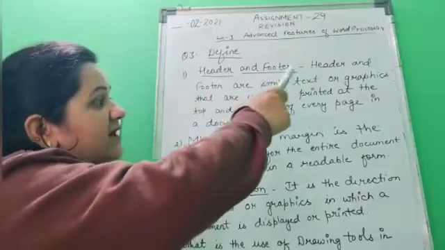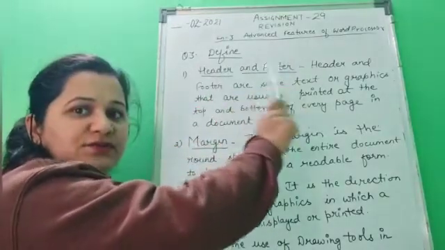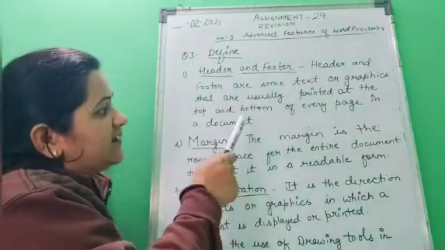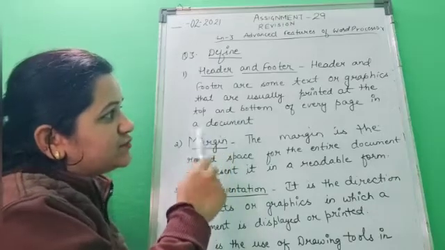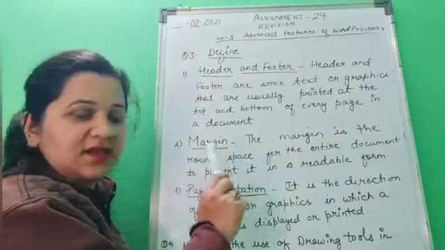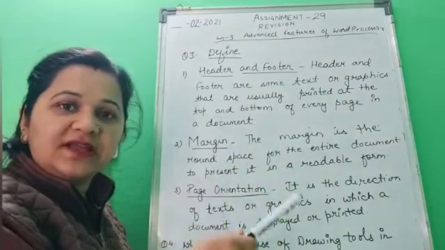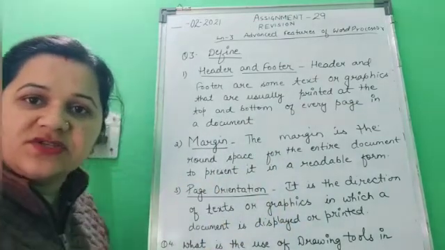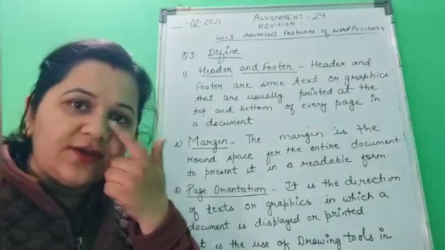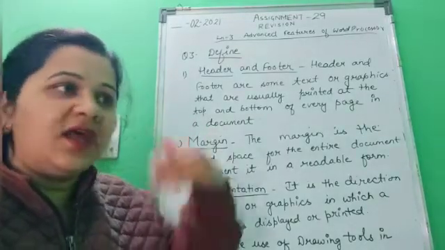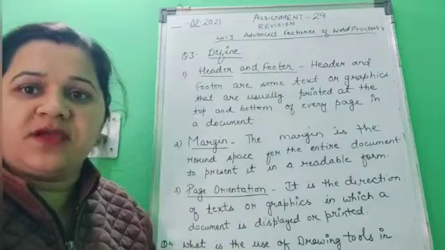The header part is used to give the heading and all, and the footer part is used to print anything at the bottom of the page. That thing will automatically get printed on other pages. Also, you do not need to write the same thing again and again at the top and at the bottom of the page.